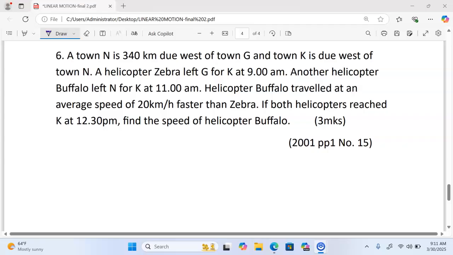We are presenting a question that was done in KCSE 2001 Paper 1, number 15.